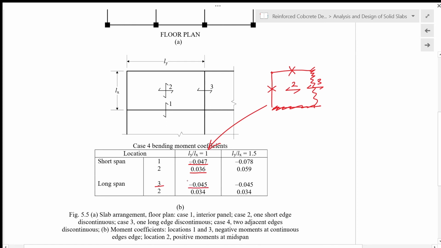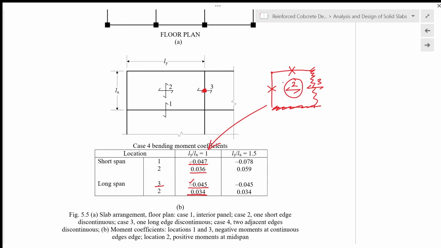We put a negative there to indicate that it's a negative moment at the supporting beam. And we have positive bending moment over here at location number 2, which is near the midspan for the Ly direction, with beta Sy equals 0.034.